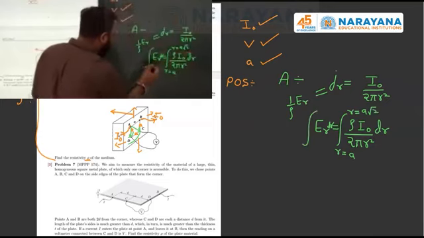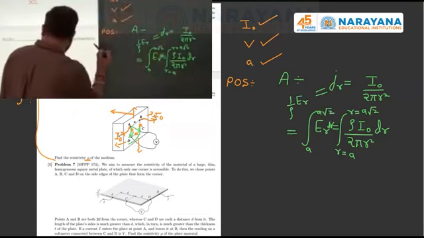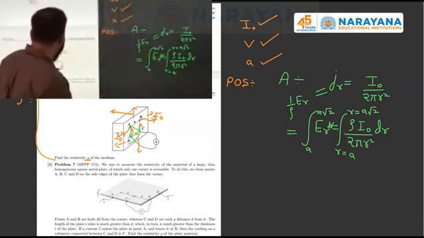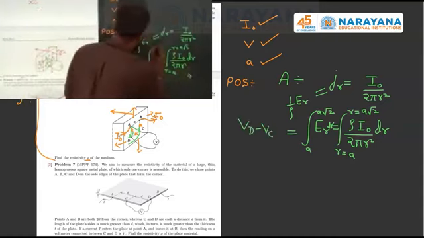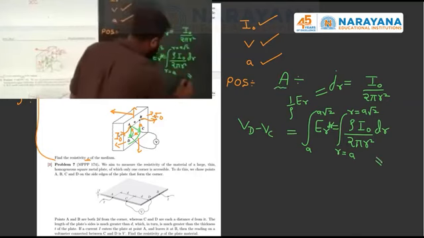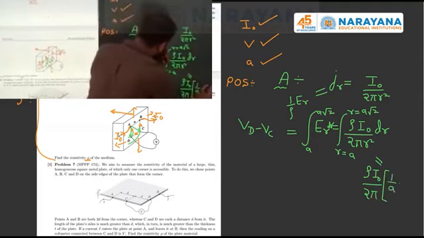This will give the potential drop between D and C. So this will become Vd minus Vc in this problem. So this is only the effect of A, remember. So it is rho I naught upon 2 pi into minus 1 upon r, so 1 upon A minus 1 upon A root 2.